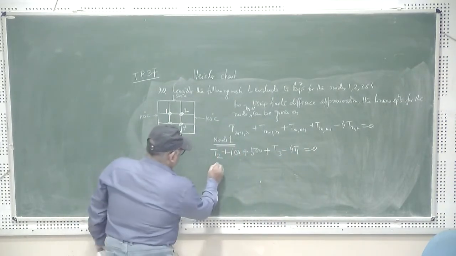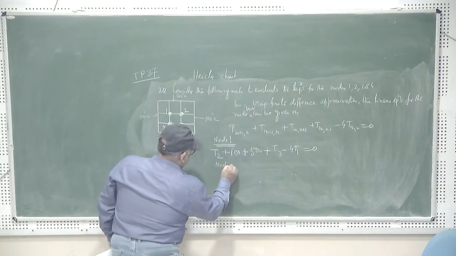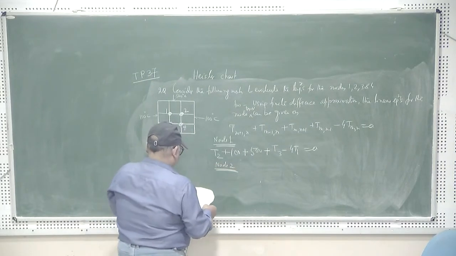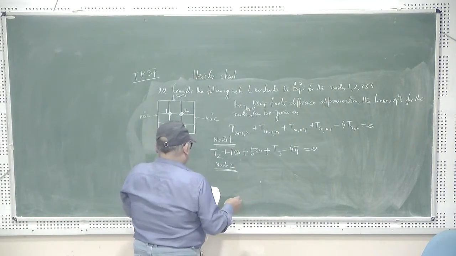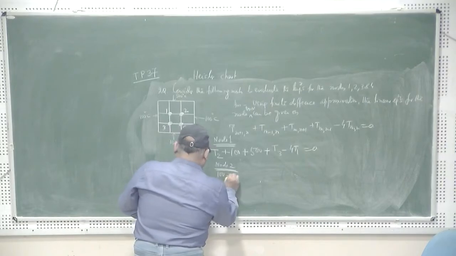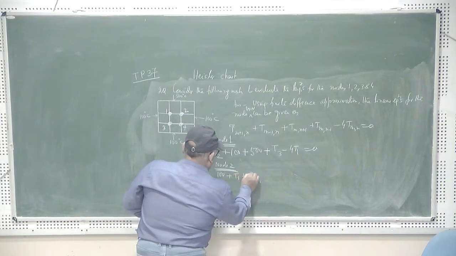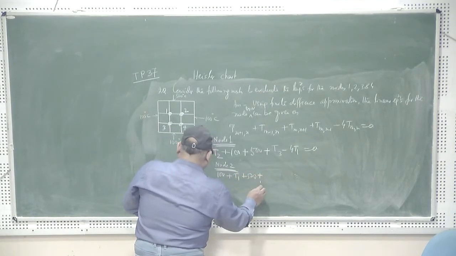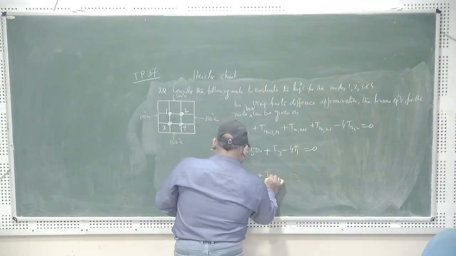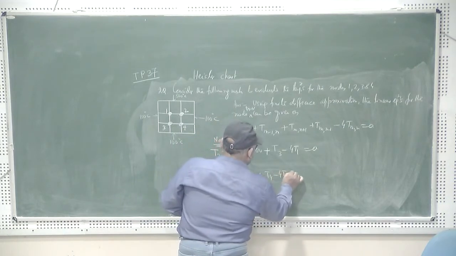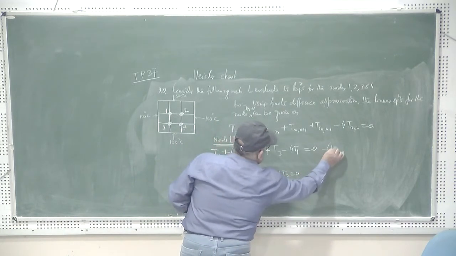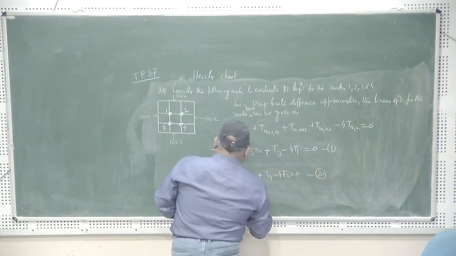Similarly, for node 2, the equation can be given as, I am writing the equation directly. So 100 plus T1 plus 500 plus T4 minus 4T2 is equal to 0. Let it be equation number 1, let it be equation number 2.